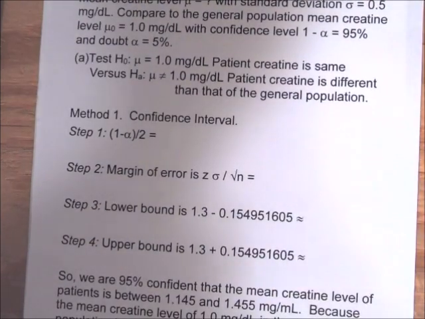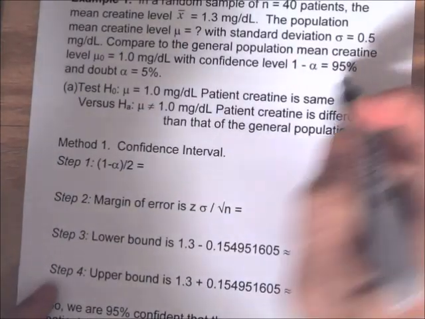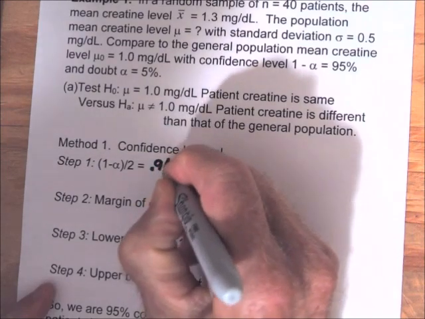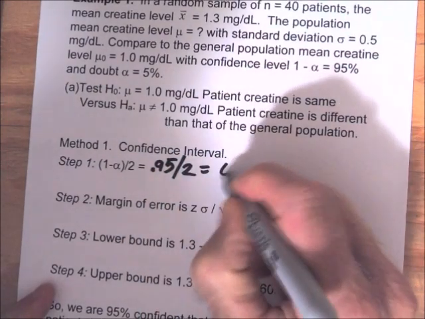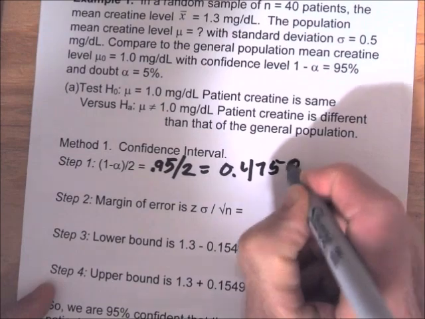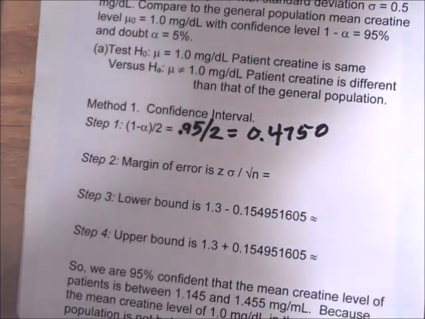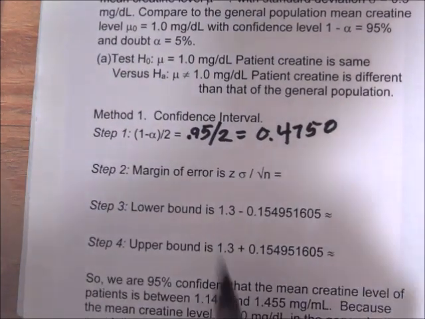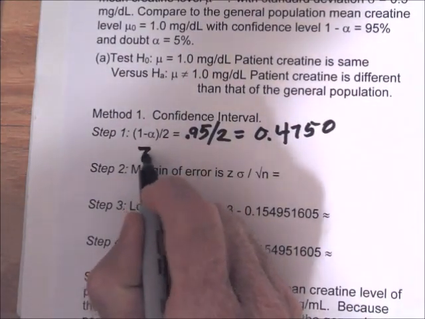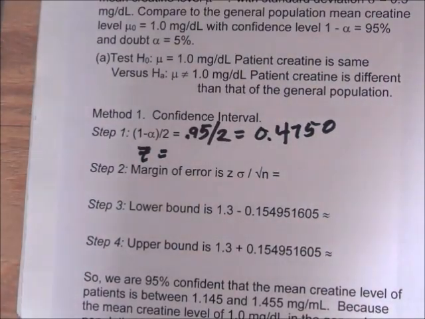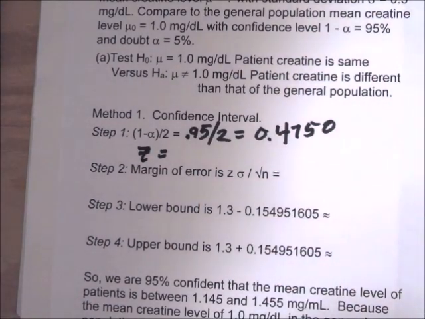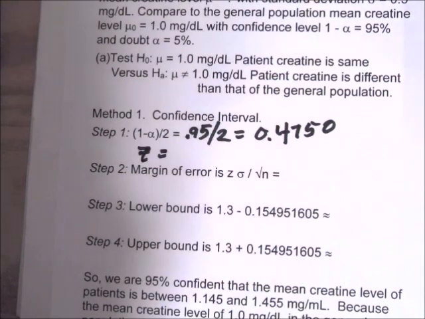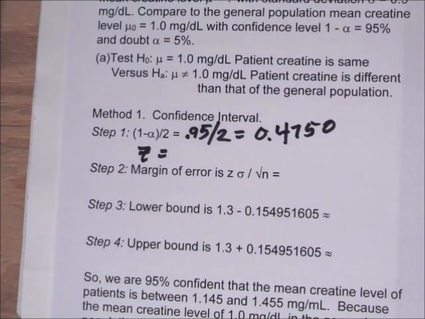Our confidence level is 95%, or as a decimal 0.95, and if we divide that by 2, we get 0.475, and then we go to the z-table and look that up using the z-table in reverse. So we're looking for 4750 in the body of the z-table. If I can find the z-table here.